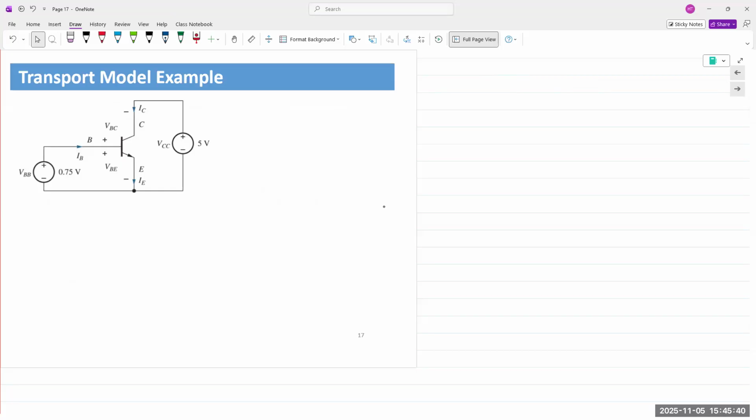We are given IC, IB, and IE. And then we are given the forward beta F as 50, beta reverse as 1, saturation current IS is given as 10 raised to minus 16.